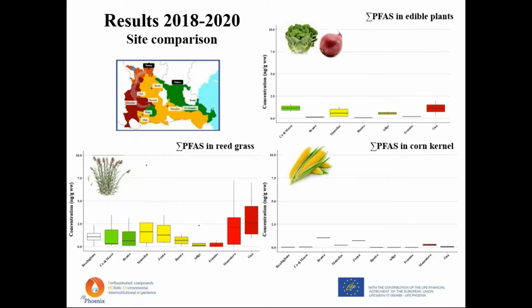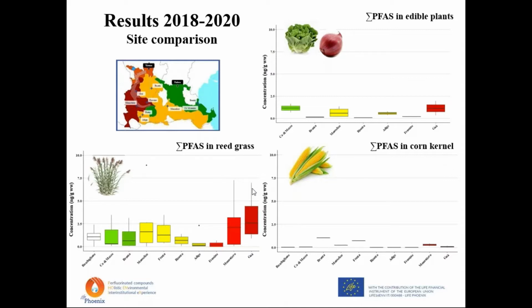Here you can see the difference between the levels recorded in edible plants and the levels recorded in reed grass. First of all, we can see that the concentration recorded in edible plants never exceeded 2 nanograms per gram of wet weight, and that these concentrations were every time lower than the concentrations recorded in reed grass.